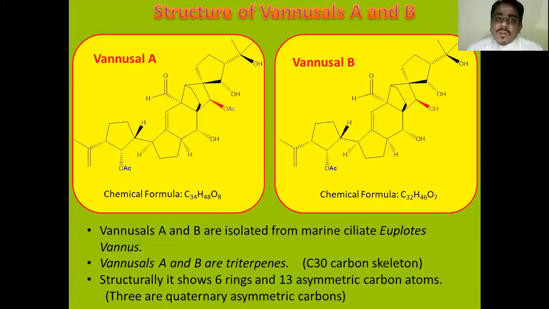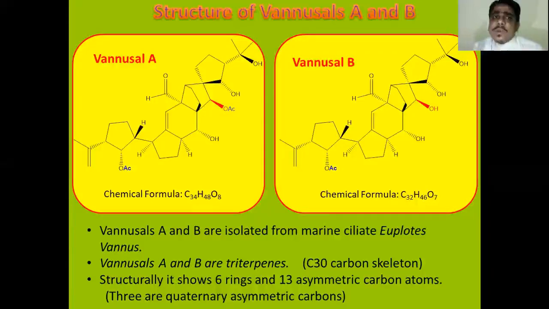The chemical formula for Vannusal A is C34H48O8, while the chemical formula for Vannusal B is C32H46O7. Vannusal A contains two acetate groups. Vannusal B contains one acetate group. Neglecting the acetate groups, it is very clear that Vannusal A and B contain 30 carbon atoms.